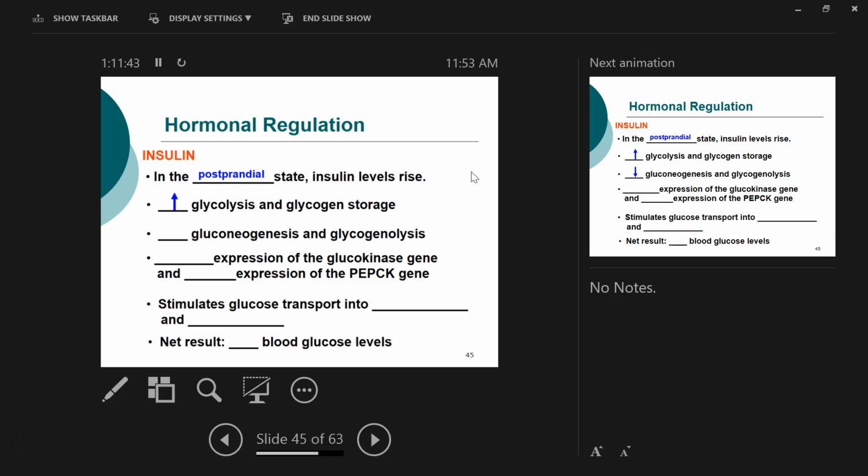And what about gluconeogenesis and the glycogen breakdown pathway, right? Decrease. So insulin basically decreases gluconeogenesis and decreases the glycogen breakdown pathway activity.